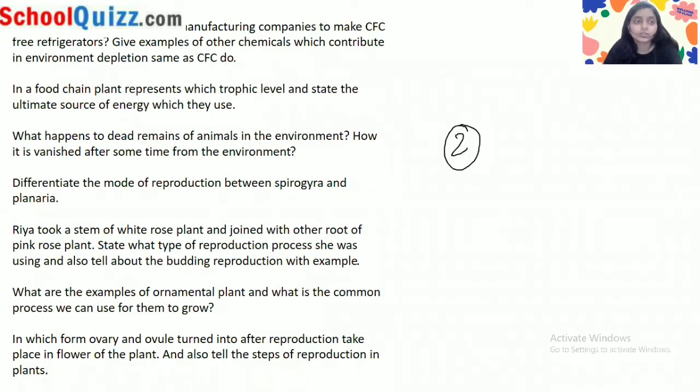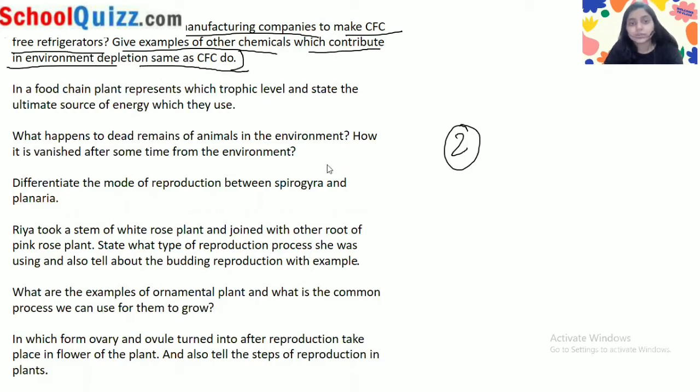The very first question is: why is it mandatory for all manufacturing companies to make CFC free refrigerators? Give examples of other chemicals which contribute to ozone depletion the same as CFC does.